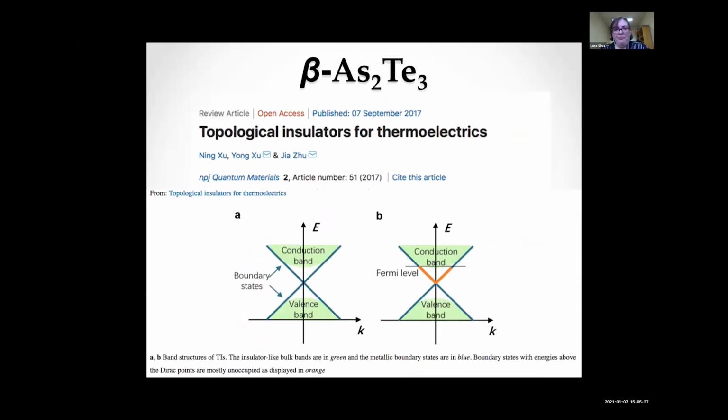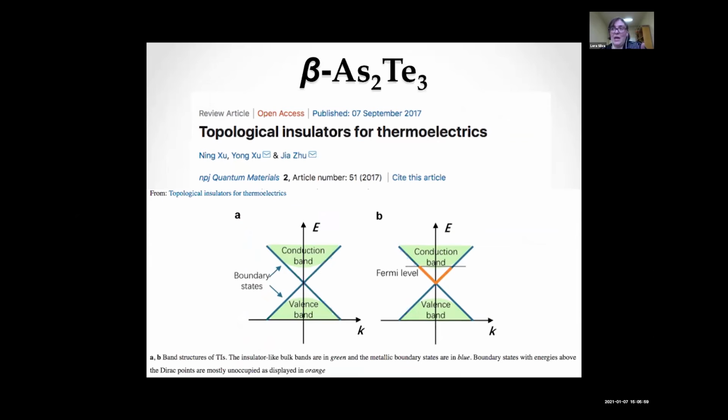So just to give a small showing of how people are now moving towards studying these potential 3D Dirac semi-metals, and looking at systems that are at the same time topological insulators.